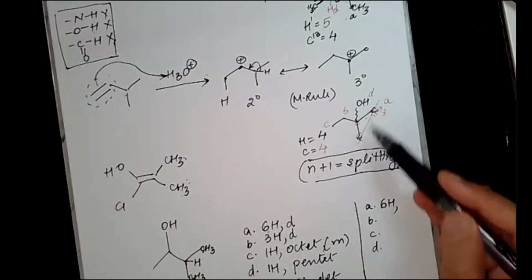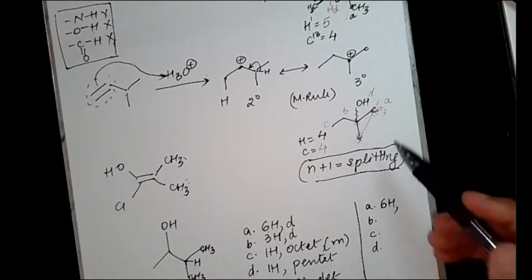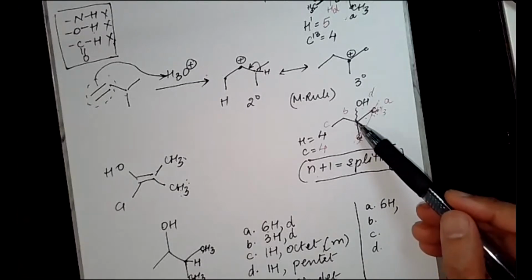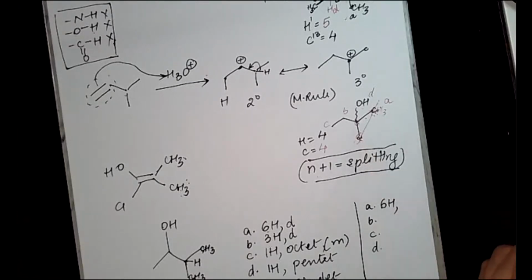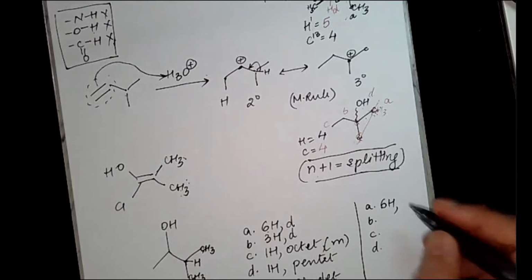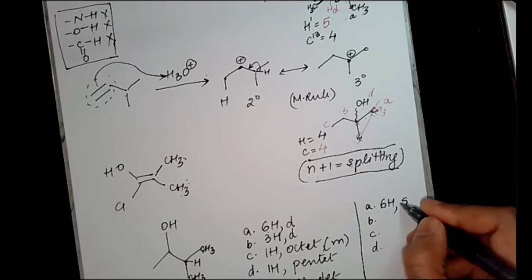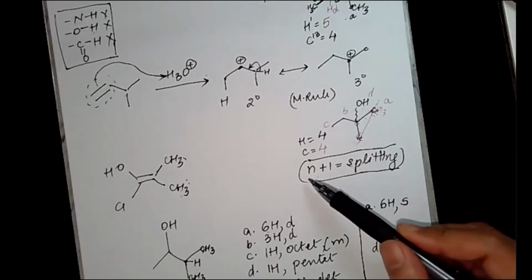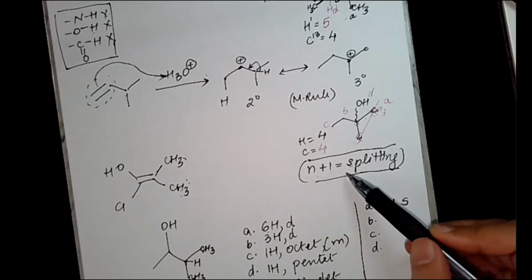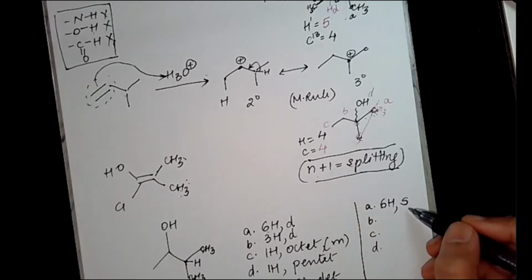What is the splitting pattern for these 6 hydrogens? How many neighbors do they have? They have 0 neighbors. So what will the splitting pattern be? N plus 1, 0 plus 1 is 1, a singlet.